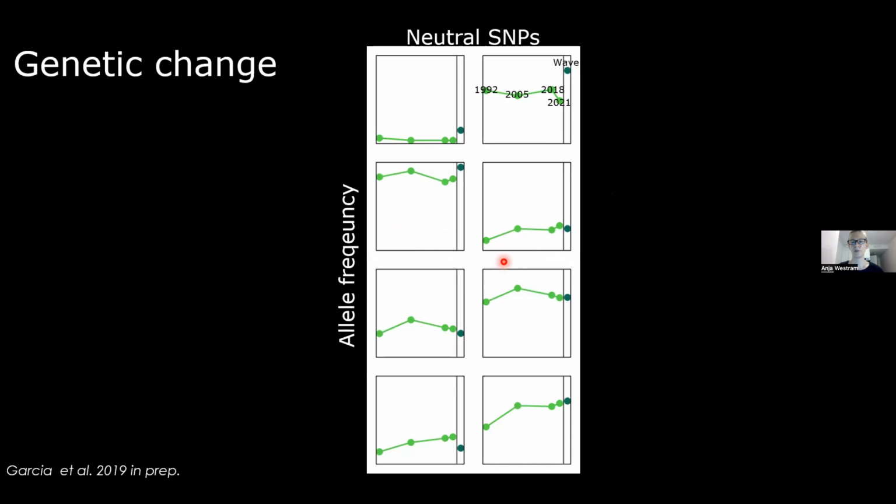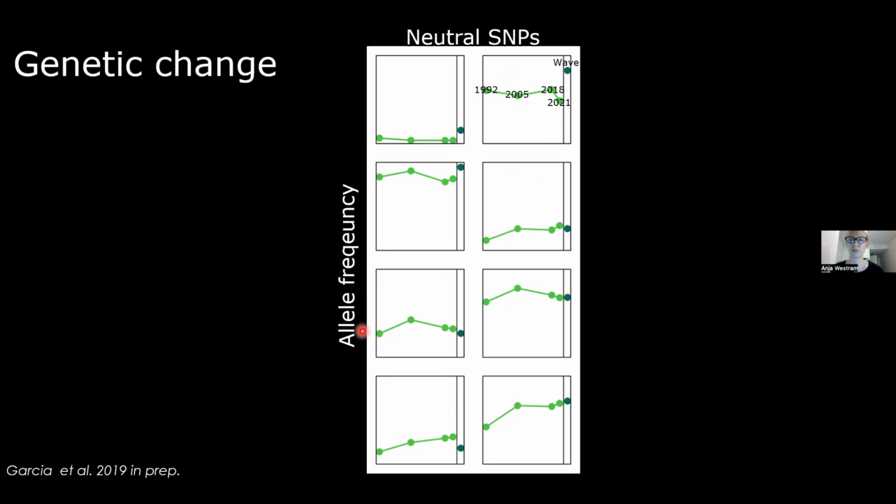First I will show you some neutral SNPs, how they changed over time. On the x-axis we have time. I'm not labeling the x-axis because I wrote down the years here. So we are just looking at these different years that we sampled on the skerry in this bright green color. And there we see how the allele frequency changed for these 8 example SNPs.